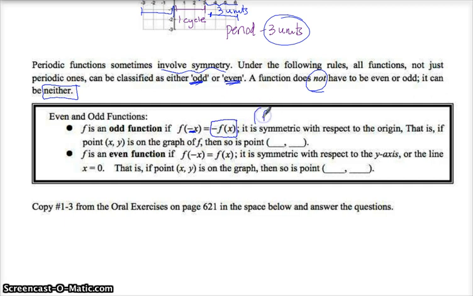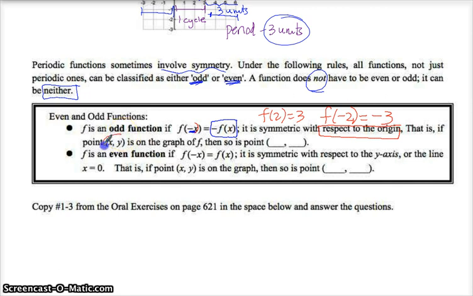So if I started with f of 2 equals 3, this says if I put in the opposite of 2, which is -2, I would get the opposite of y, which is -3. So this means it is symmetric with respect to the origin.